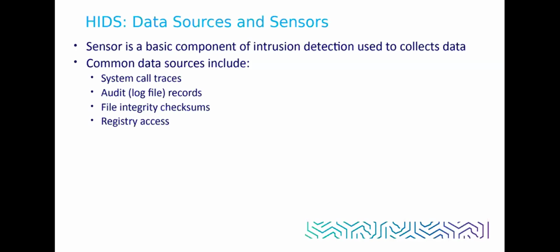These sensors monitor multiple data sources, including system call traces, audit logs, file integrity checksums, and registry access. By analyzing the information from these sources together, a HIDS can identify suspicious activities like unauthorized logins, malware installation, file tampering, and configuration changes, providing stronger protection for critical systems.